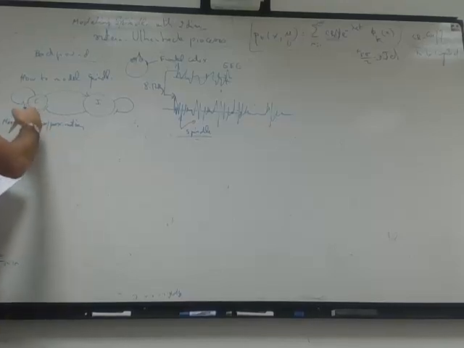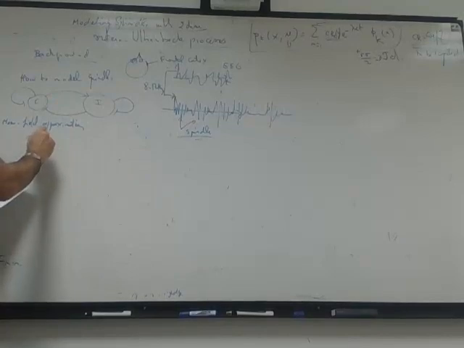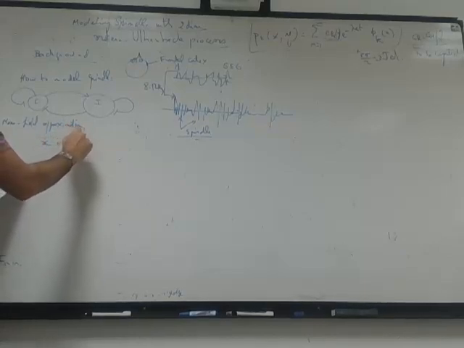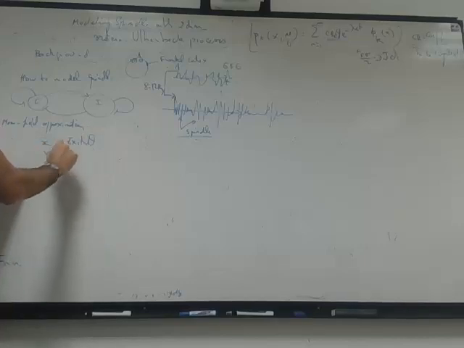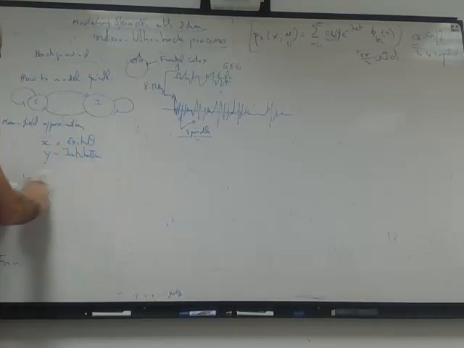Now, if I use a differential equation to summarize this, I can say x dot. x represents, let's say, the excitator, and y is for inhibition. Maybe I'll change later, depending on what we need.